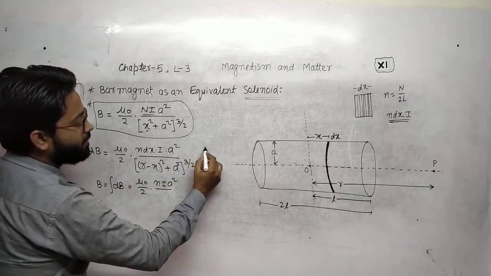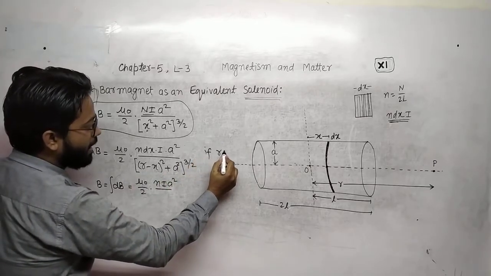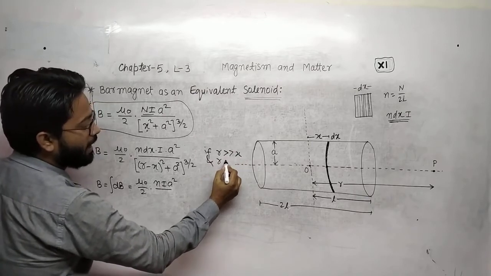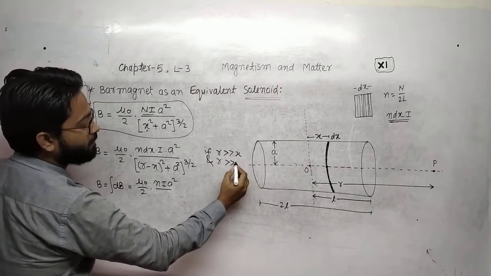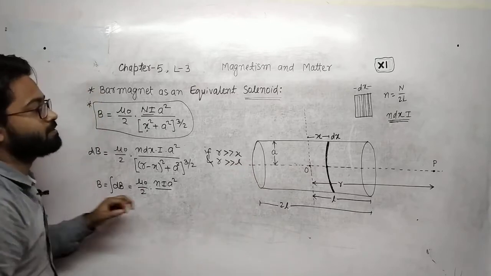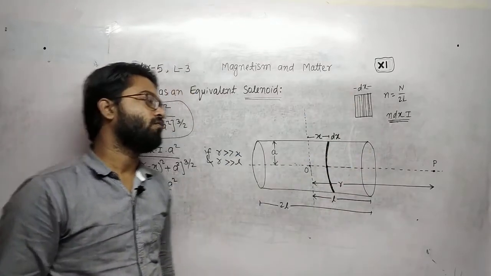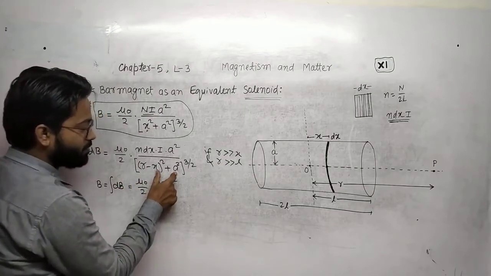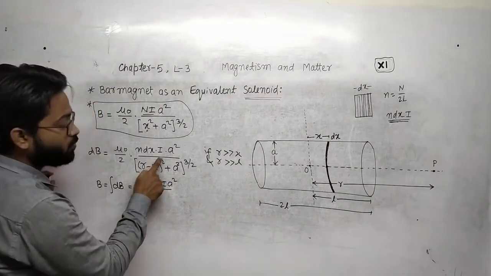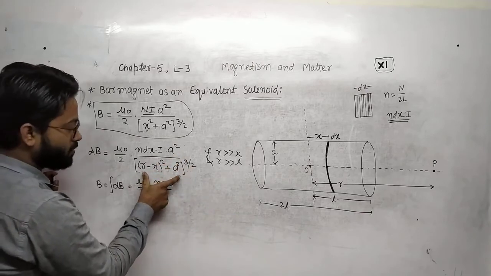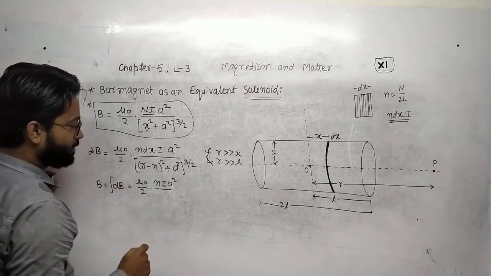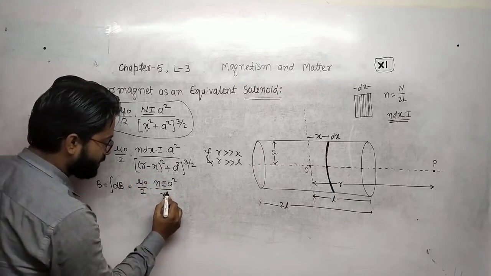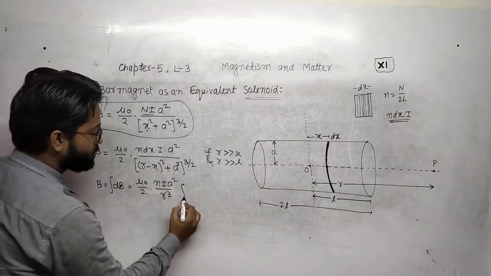Here there is a condition: if R is very much greater than x and also R is very much greater than L, meaning the point is far away, then x and A can be neglected, so the denominator will be R to the power 3, and R is also constant, so R cubed is constant.